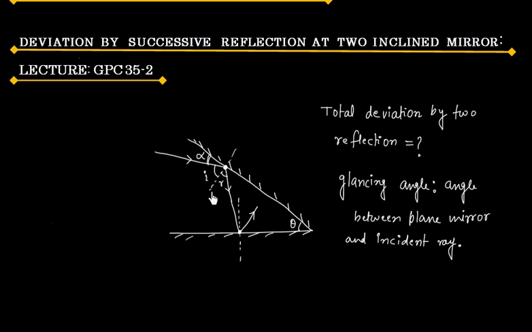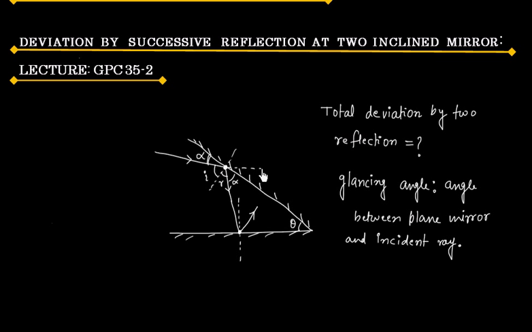So from the law of reflection we know that I equals R. This means this angle is again alpha. So the ray will emerge this side by making angle alpha with the plane surface.